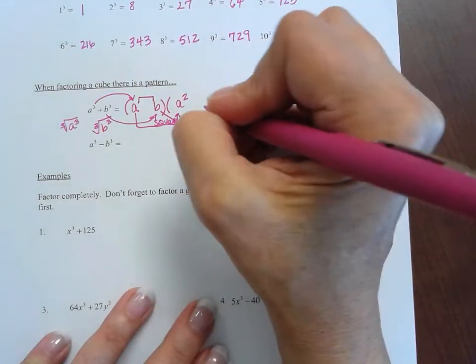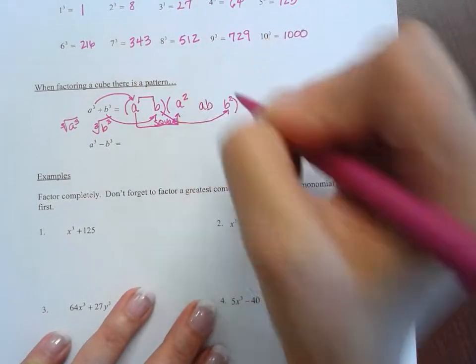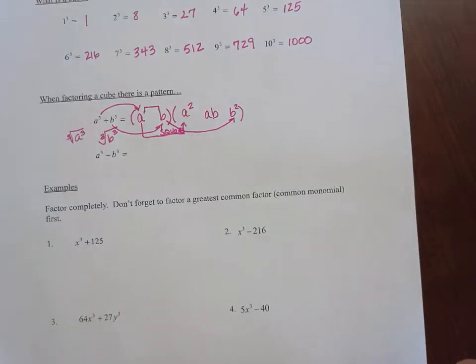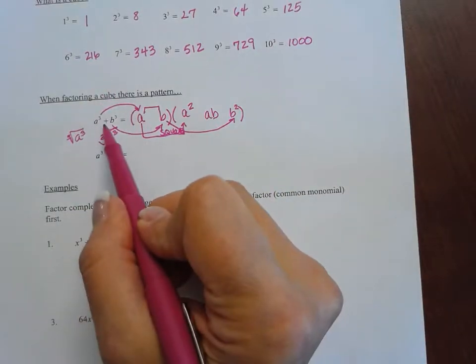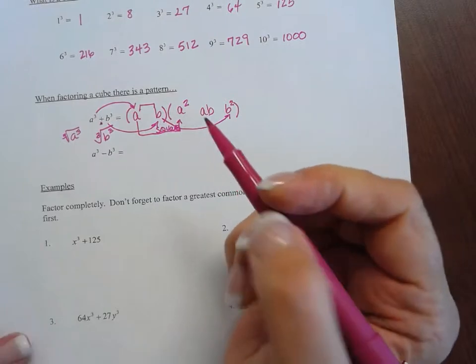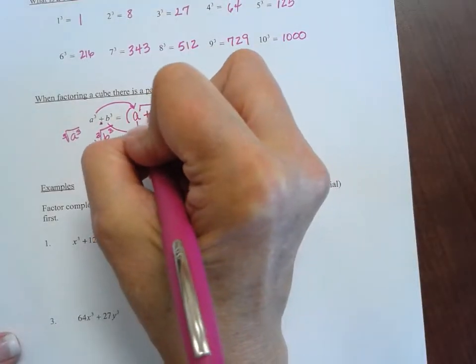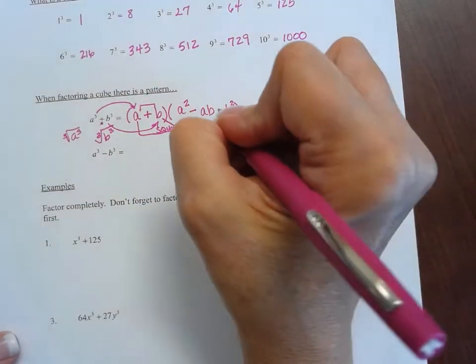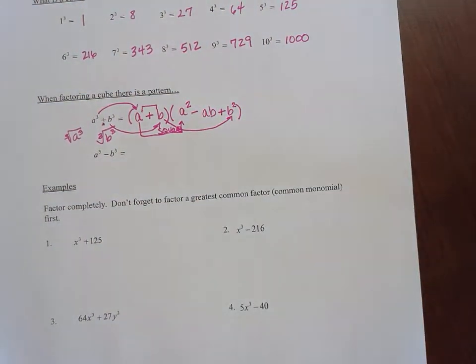And we're going to multiply those two together to get us ab for the middle term. Okay? And your sign, the sign is positive. And so the sign's positive, that sign's negative, that sign's positive.